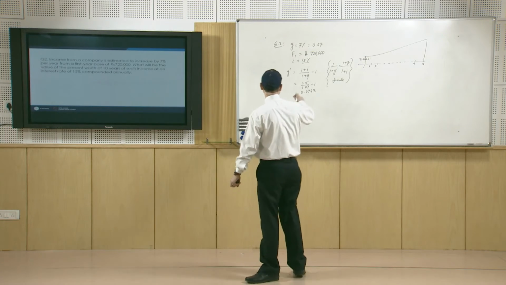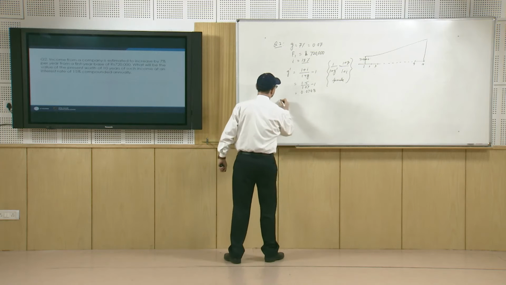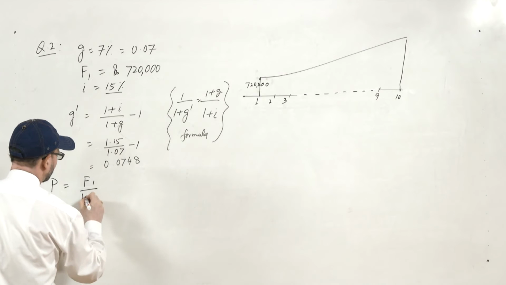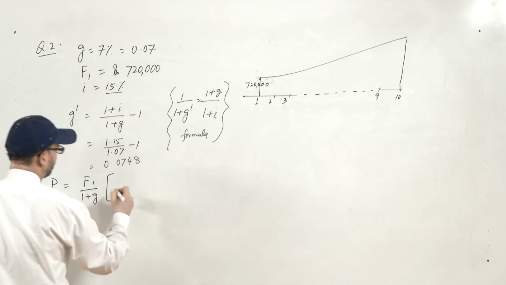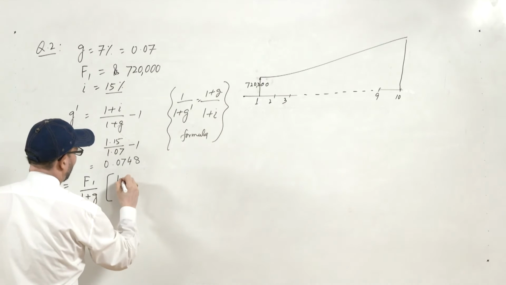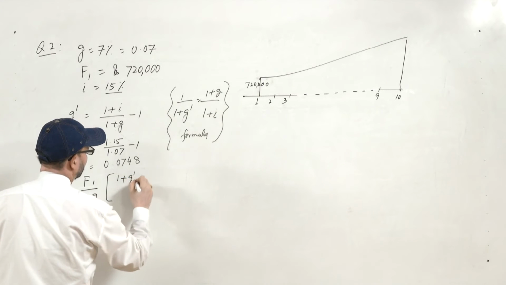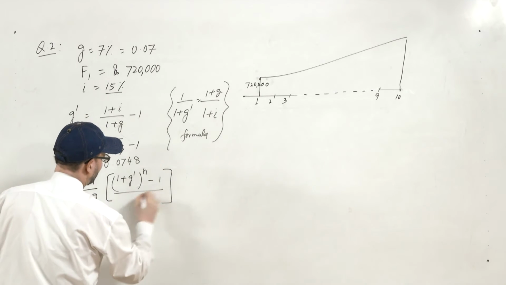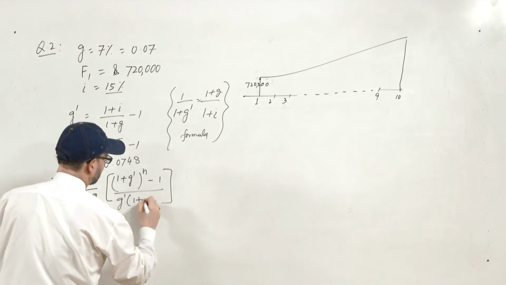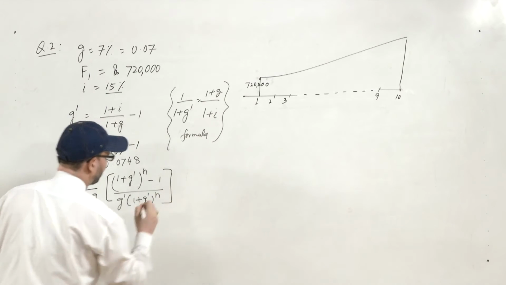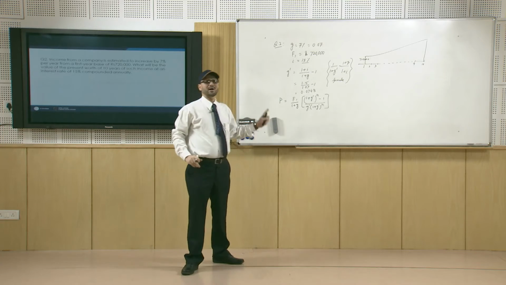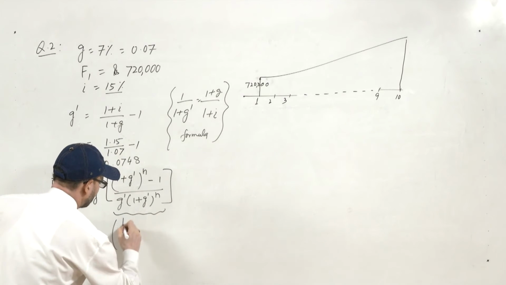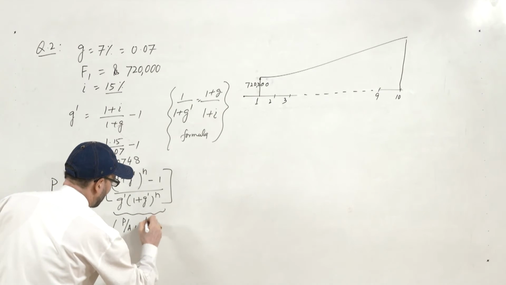Now, once we have calculated G prime, the present worth value is given by the formula F1 upon (1 plus G) into ((1 plus G prime) to the power n minus 1) by (G prime into (1 plus G prime) to the power n), that is nothing but the factor P by A, G prime, n.